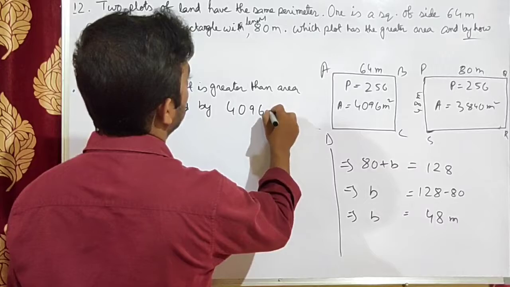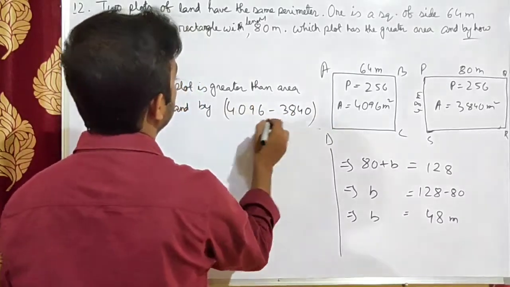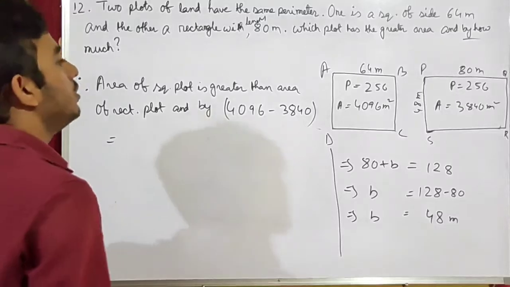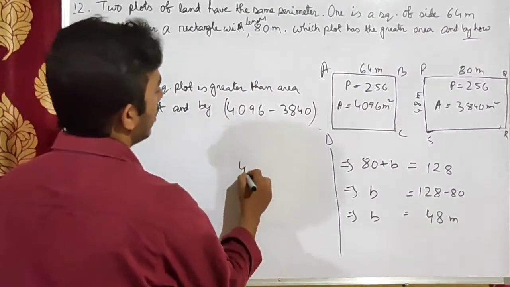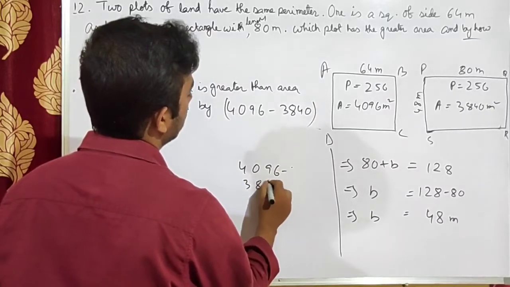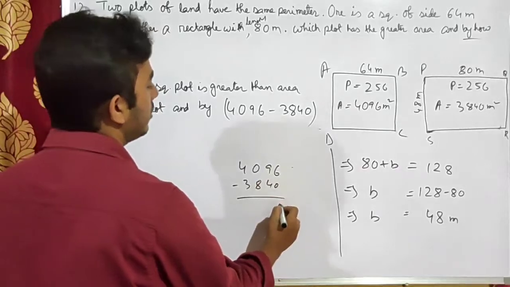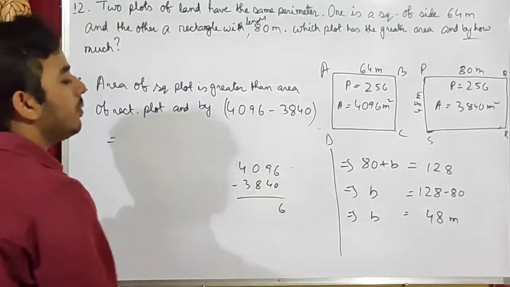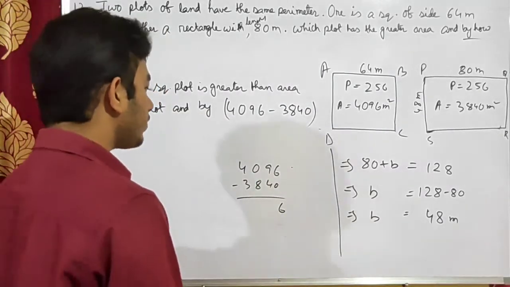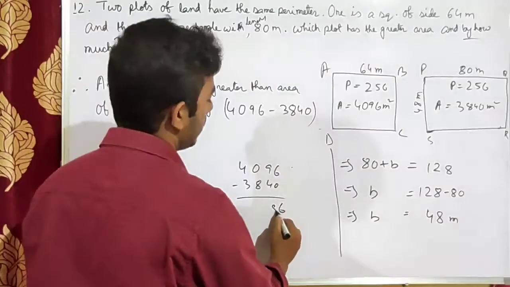By 4096 minus 3840 equals what? It will be 6 minus 0 is 6. 9 minus 4 is 5.